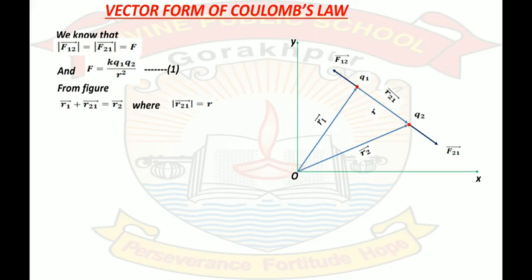Now from here, if we want to calculate the value of r21 vector, then we are going to have r21 vector is equal to r2 vector minus r1 vector. Now from here, I can tell you why I have put this vector as r21 vector. Just see, if you remember the relative velocity formula, velocity of 1 with respect to 2, it was v12 is equal to v1 minus v2.